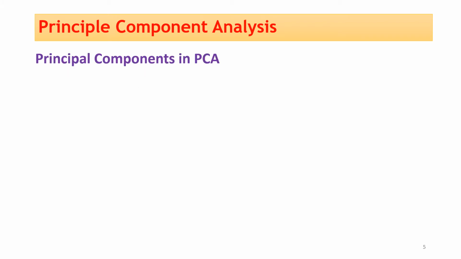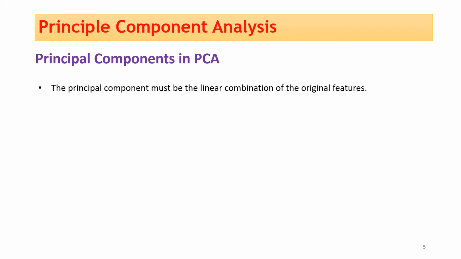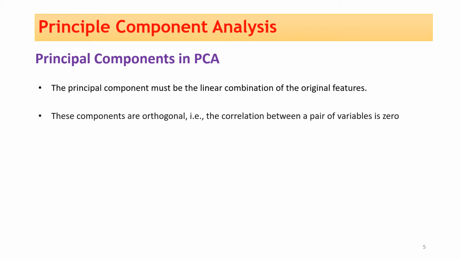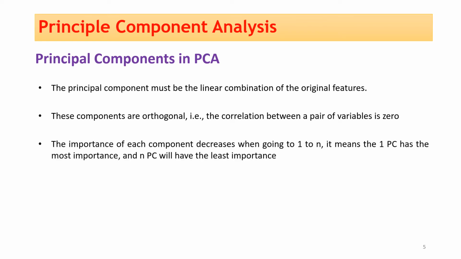Now let's see the principal components in principal component analysis. The principal component must be a linear combination of the original features. These components should be orthogonal, that is, the correlation between a pair of variables should be zero. The importance of each component decreases when going from 1 to n.